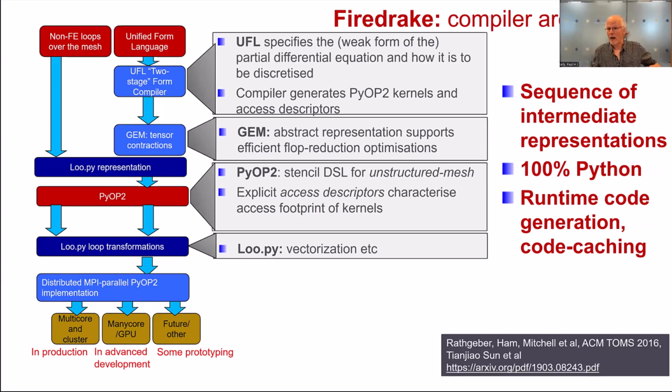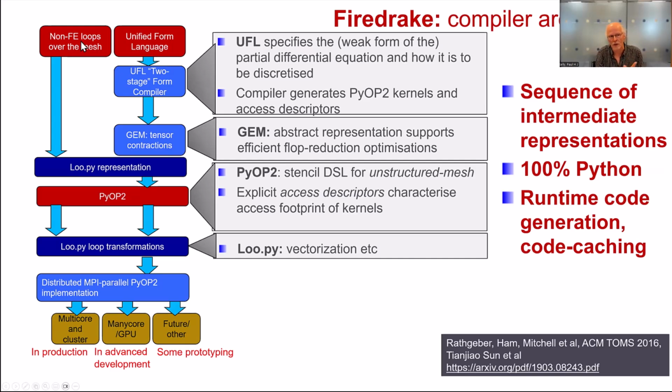Good. So I promised some compiler architecture. Here's a rendering of the architecture of the Firedrake compiler. So at the beginning, you type in this Unified Form Language, the one that we adopted from the FEniCS project. You can also code more directly.